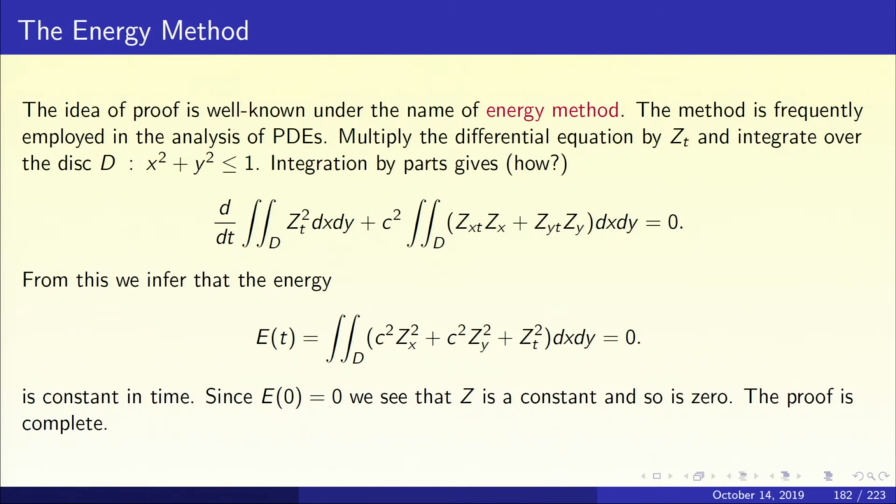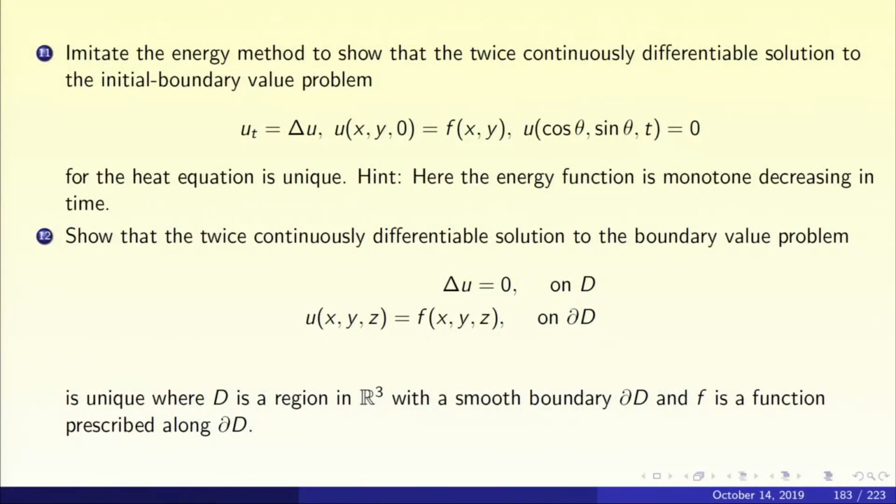So, all partial derivatives of z must be 0 or z must be constant, and this constant must obviously be 0 because the membrane is clamped at the rim, and so along the rim z is 0. So, z must be 0 throughout since it is constant. So, we have proved that the solution that we obtained is the only solution.